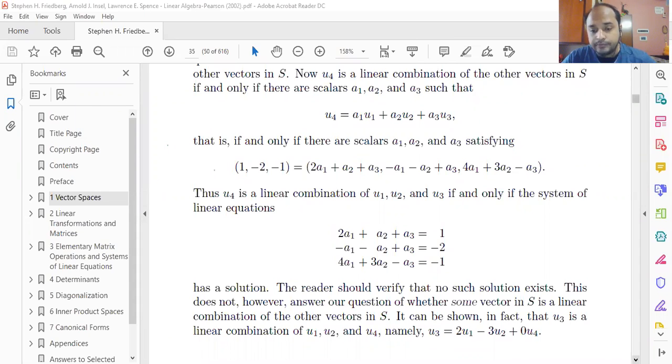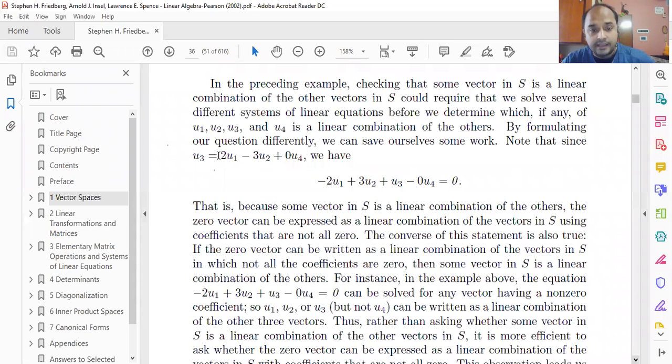So U3 is actually represented in terms of the vectors U1 and U2. And therefore, if U3 is expressed in terms of U1 and U2, we can change the sides and write this as minus 2U1 plus 3U2 plus U3 minus 0U4 is equal to 0. So the zero vector of the vector space, which in this example is R3, has been expressed as a linear combination of the four vectors U1, U2, U3, U4.